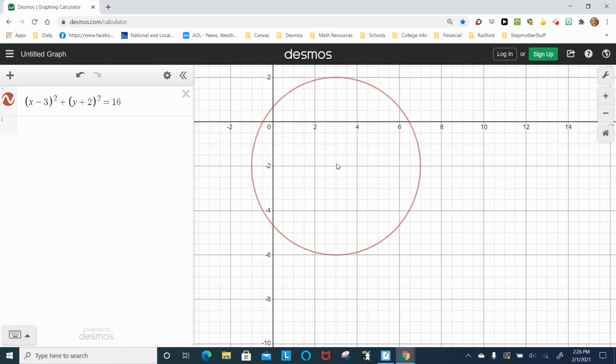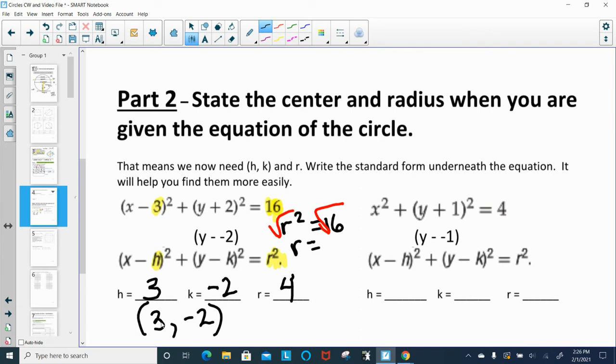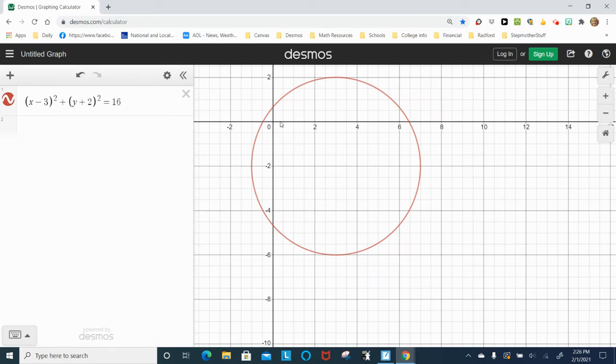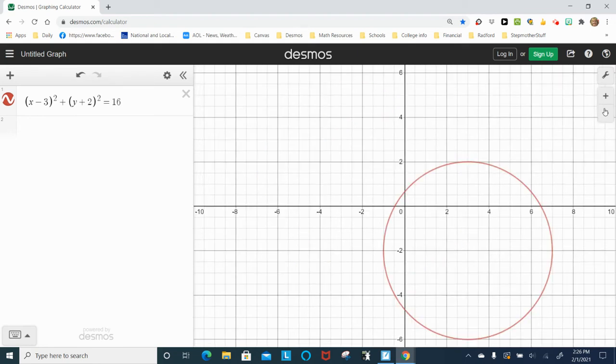The center point is going to be somewhere here. But what do we think the center point is? We think the center point is 3, -2. So let's go check. This is 1, this is 2, and I can always make this look a little bit better.